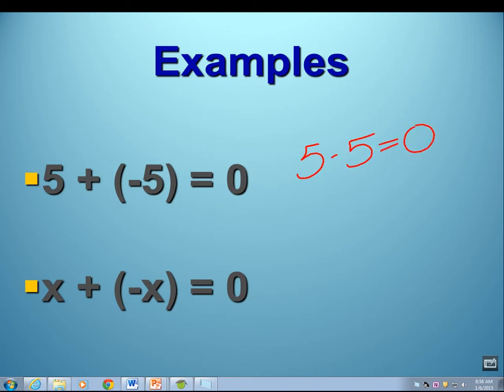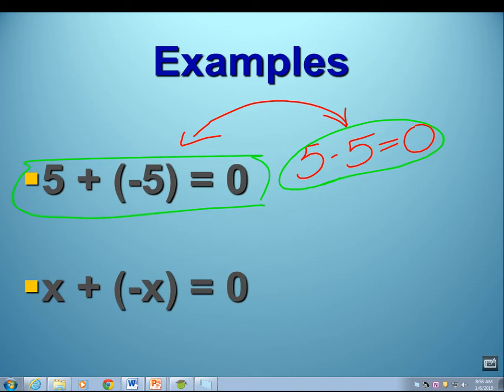Because these two are the same thing, just the one on the left is using the additive inverse. So this is going from first grade math into sixth grade math. Do you agree? Right? 5 minus 5, oh boy.